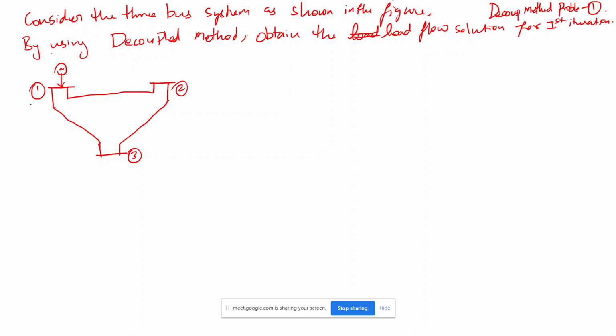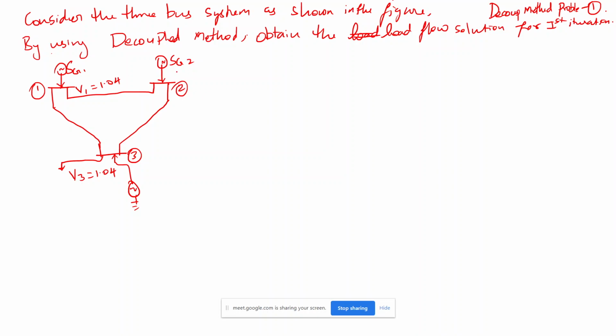This is nothing but SG1, and here also one generator called SG2, and here they have given V3 is equal to 1.04, and here also one generator is connected and one load is there. One load is connected, and here V1 is equal to 1.04.